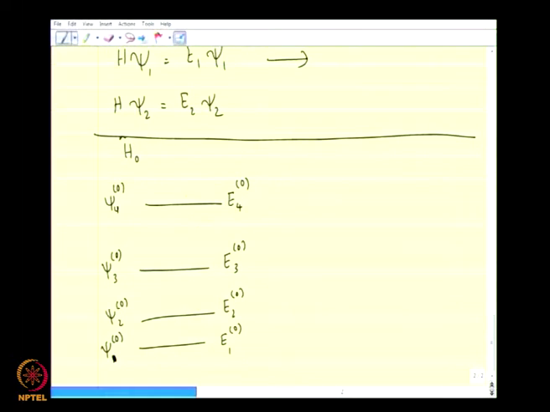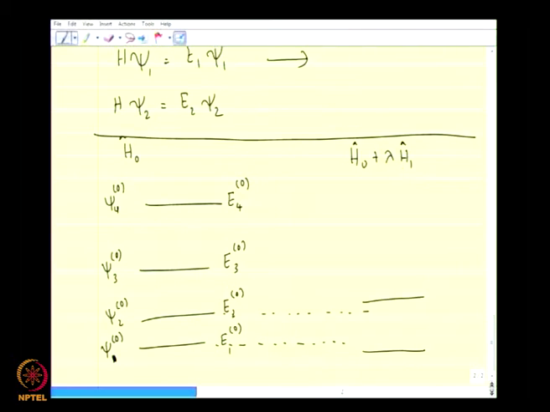Now how do these things change when we have a Hamiltonian H naught plus lambda H1? How do these energies change, does this energy go up or go down? Does this energy change, again go up or go down? We don't know, we have to find out.